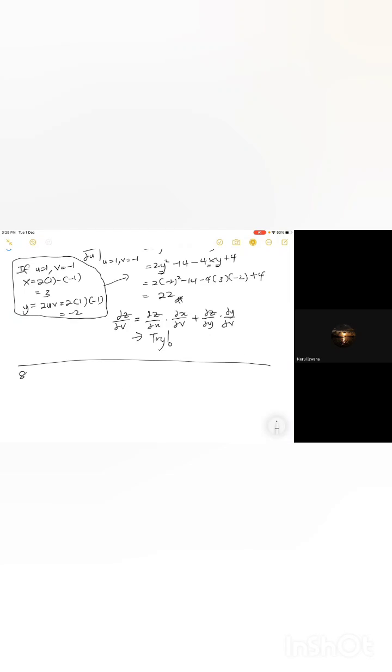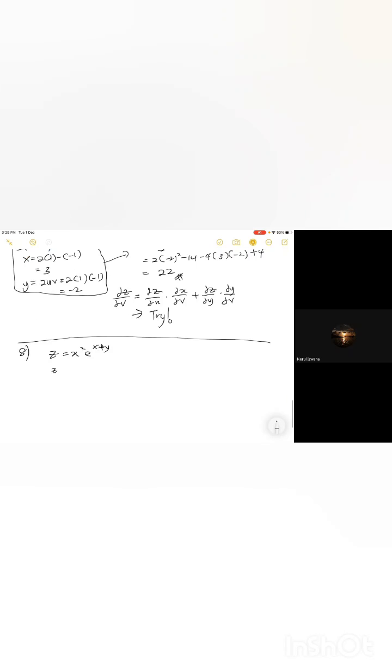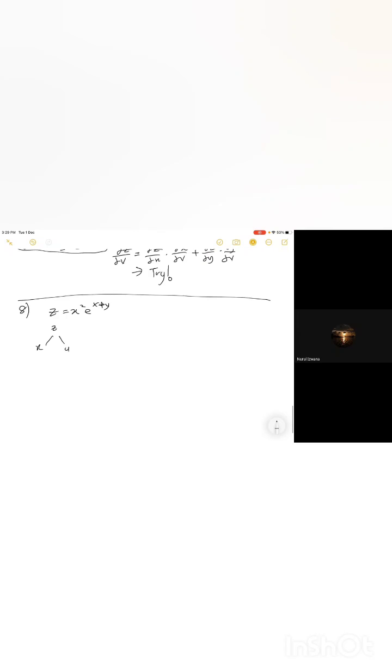Okay, lastly, question number 8. Z equals x squared, exponent xy, x plus y. So in your diagram, you have x and y, and then x equals r cos theta and y equals r sin theta. So in your x, you have r and theta, and in your y also you have r and theta.